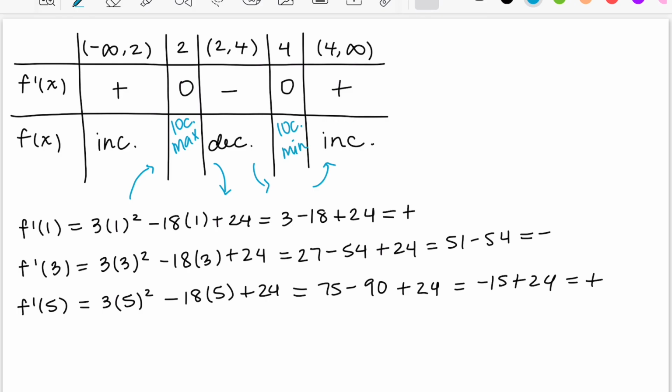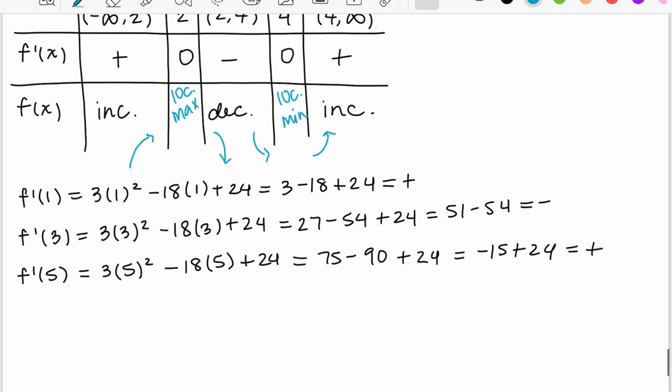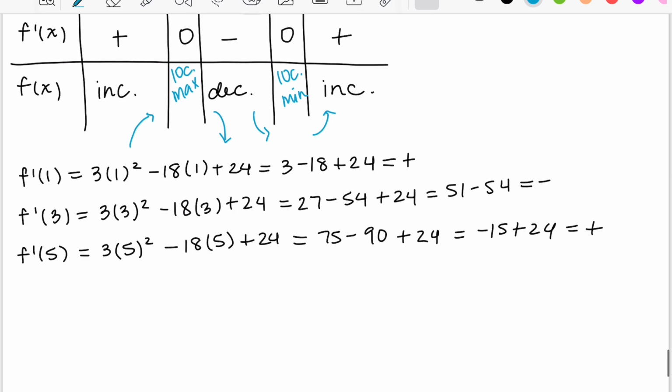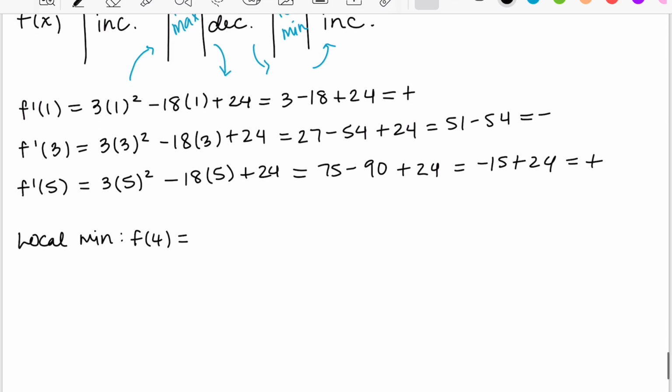All right. Now what we want to do is actually find the f of x values for these local extrema. So our local minimum occurs when x is equal to 4. And so we want to figure out what that is equal to. So just so we have more room, plugging this into our function.